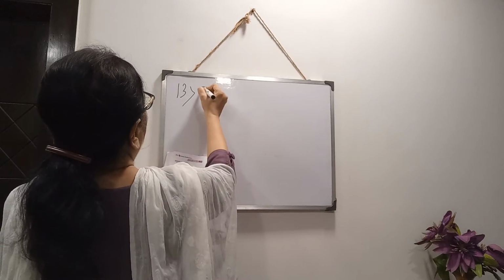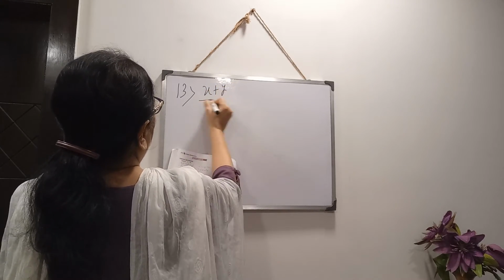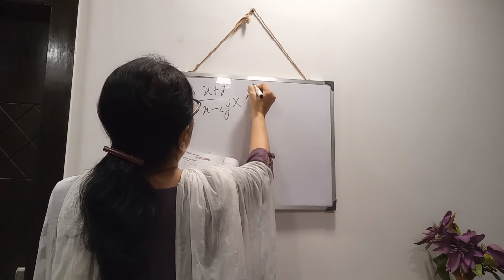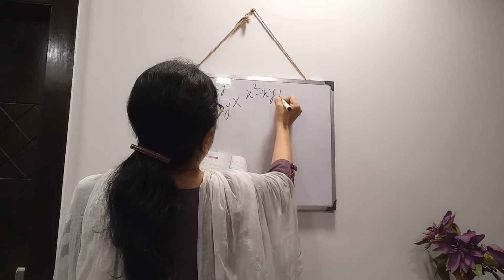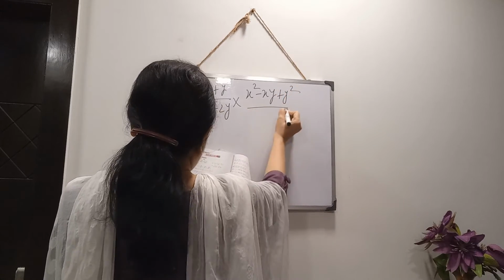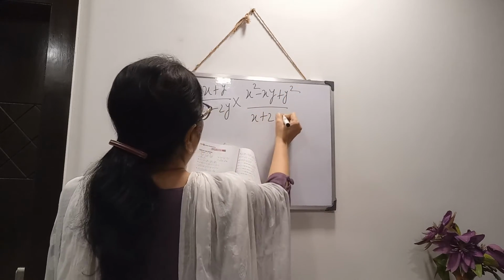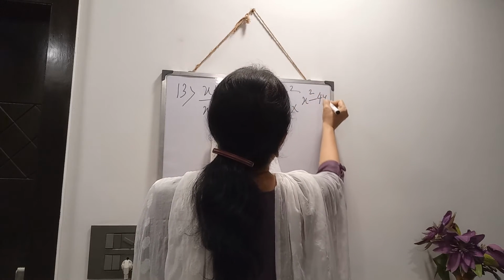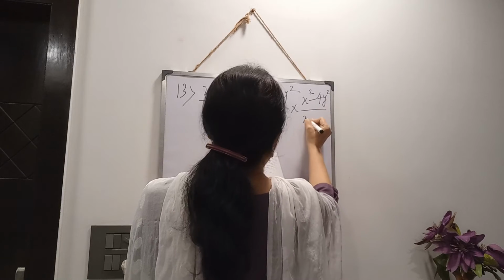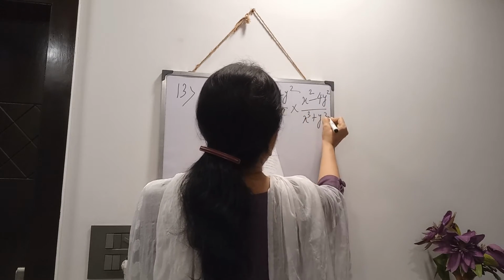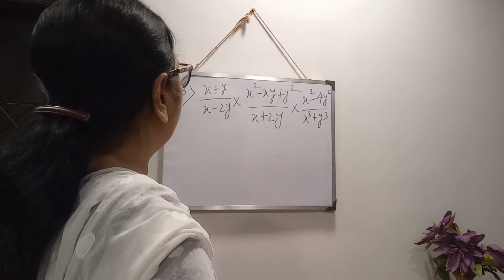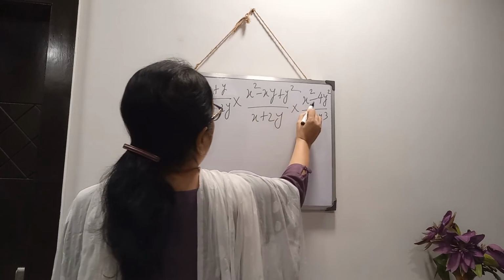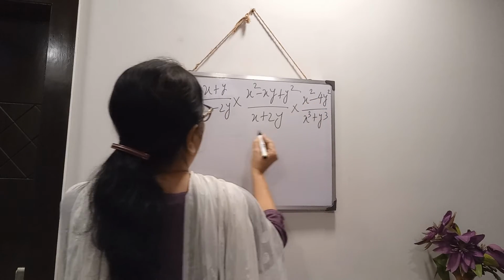x plus y by x minus 2y into x square minus xy plus y square by x plus 2y into x square minus 4y square by x cube plus y cube. So here nothing to do, here also nothing to do, only the last term we have to apply formula.